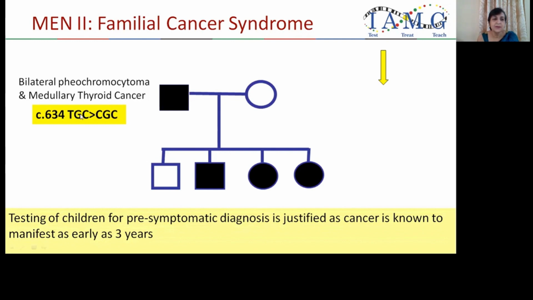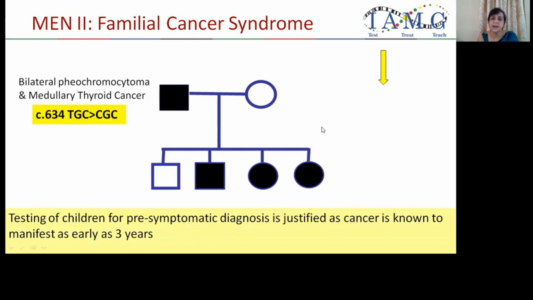The mutation T2C was identified. Naturally, the possibility that he can transfer the mutation to his offspring was there, and hence we tested all the children, and 3 or 4 are carrying the same mutation.